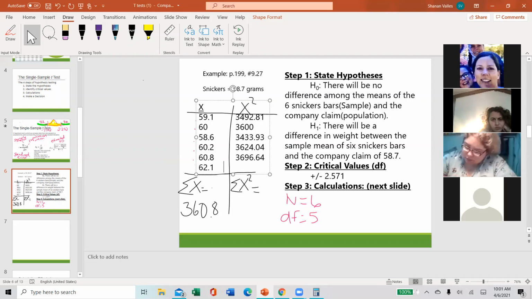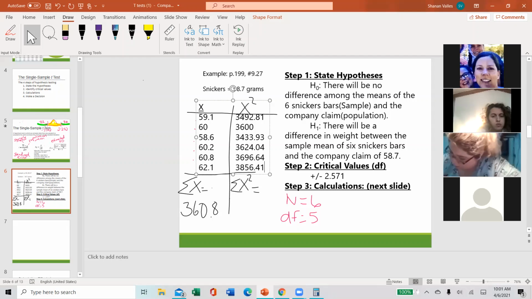And then our biggest one of all, 62.1 squared, is 3,856.41.